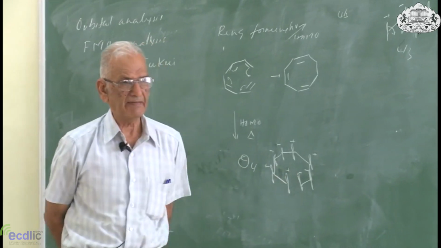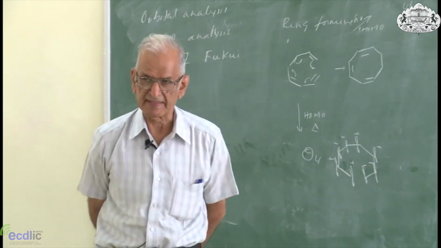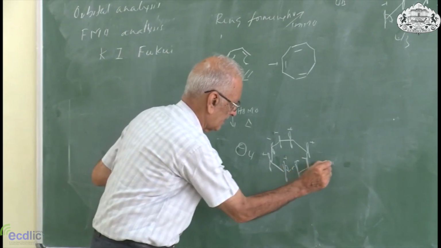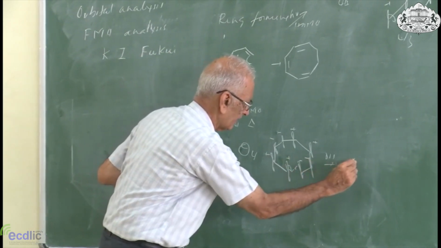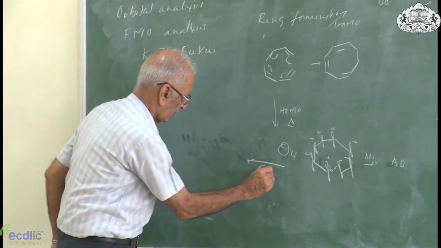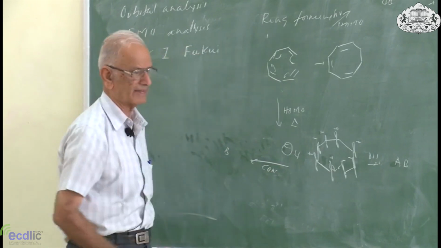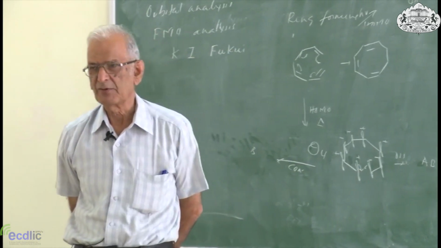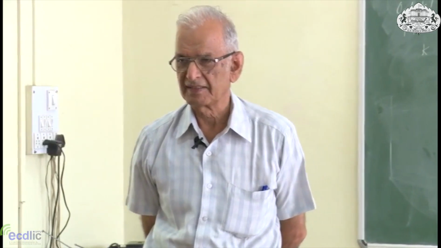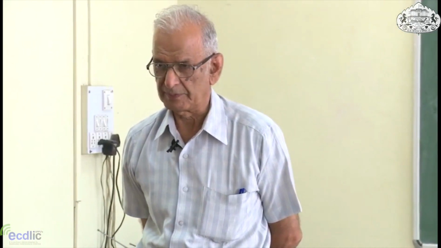End orbitals have opposite signs. Disrotatory will give me anti-bonding. Conrotatory will give me bonding. Therefore, 8 electron thermal reaction, conrotatory is allowed.